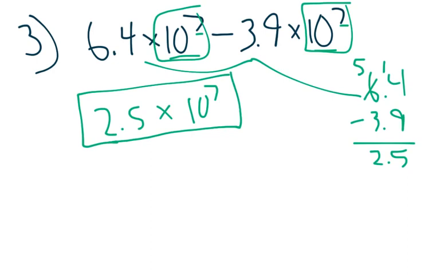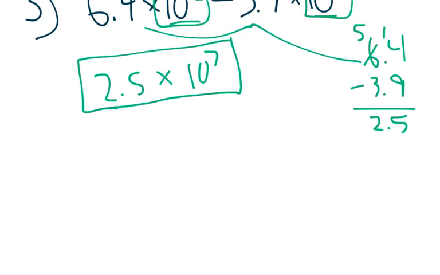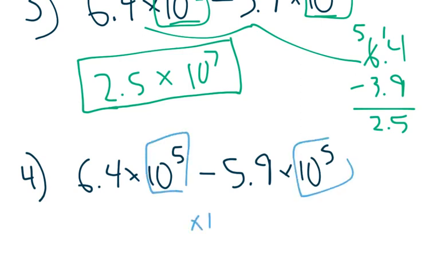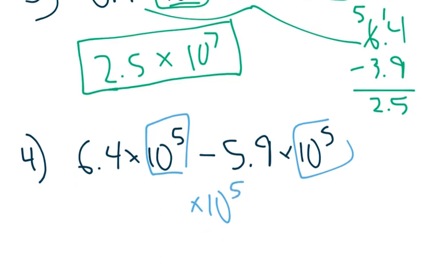But now let's do something where it's not acceptable. Let's do something like 6.4 times 10 to the 5th minus 5.9 times 10 to the 5th. So we're good here. Our final answer is at least going to start with that.